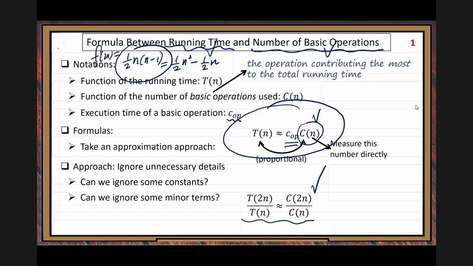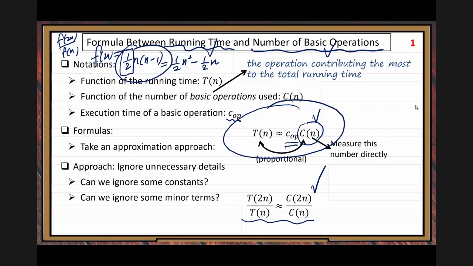Then we take f of 2n over f of n. When we do that, this 1/2 constant can be canceled out. This leading 1/2, because in f of 2n there is 1/2, and in f of n there is 1/2. Both 1/2s cancel out. So that leading coefficient is gone.